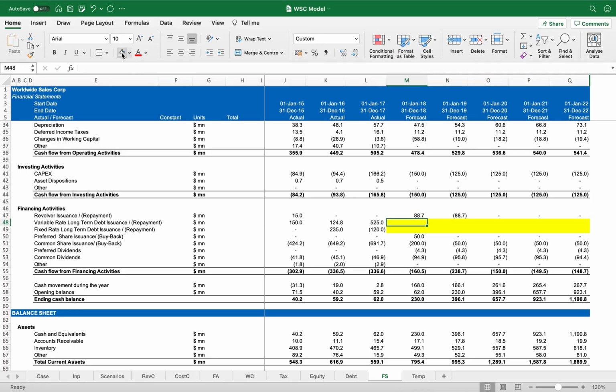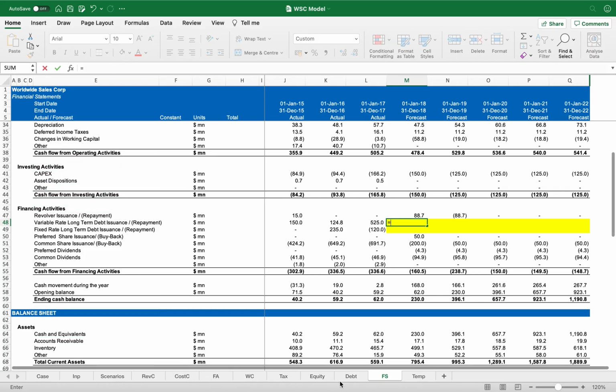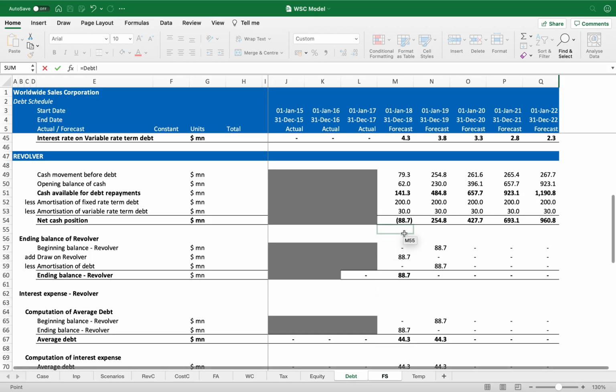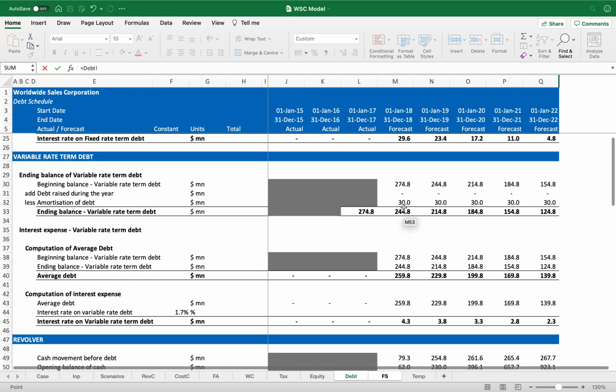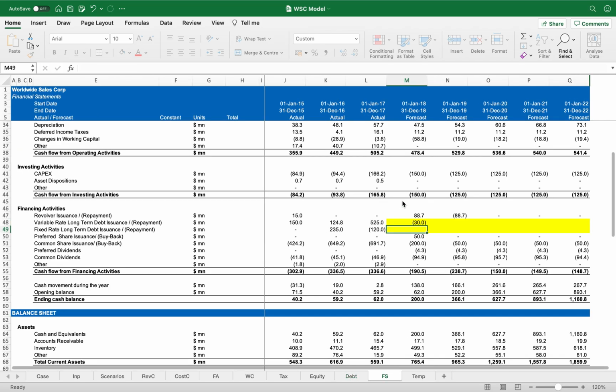Fair enough. Then variable rate long-term debt. Again, same thing. Again, the same thing. You have debt raised minus amortization.